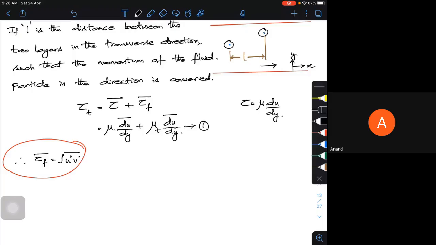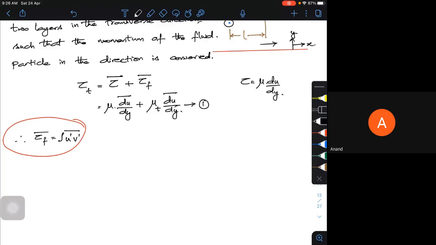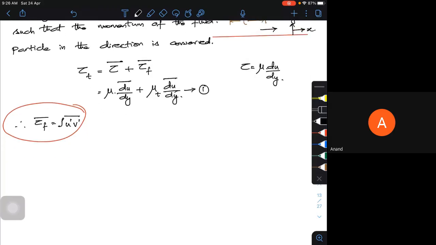Now, what Prandtl proposed is that at any given point, your fluctuating component u dash, instead of mu, should be represented in terms of L. It should be L into du by dy, and your v dash, the fluctuating component, is equal to L into dv by dy.